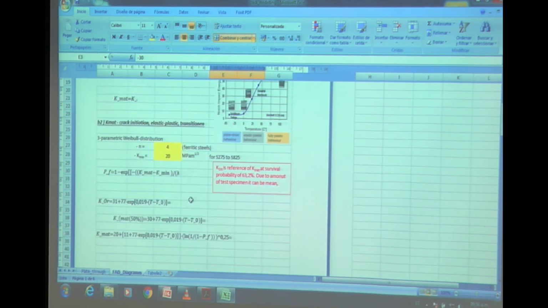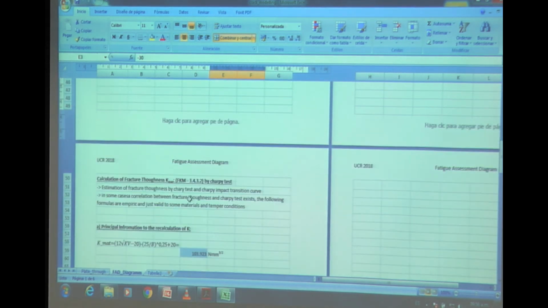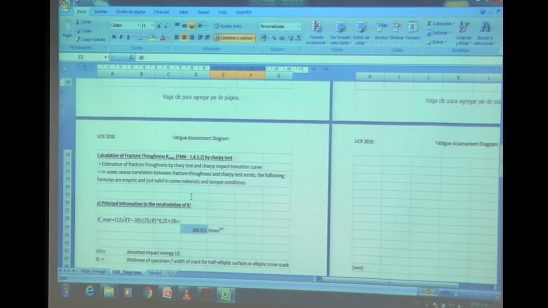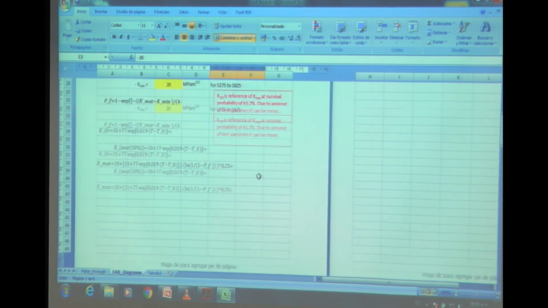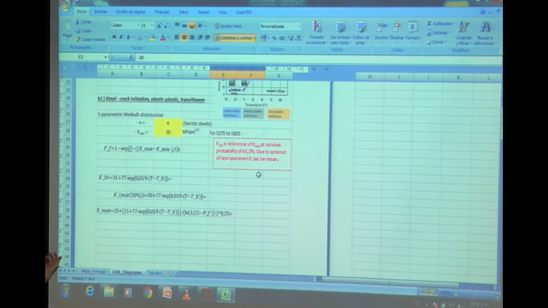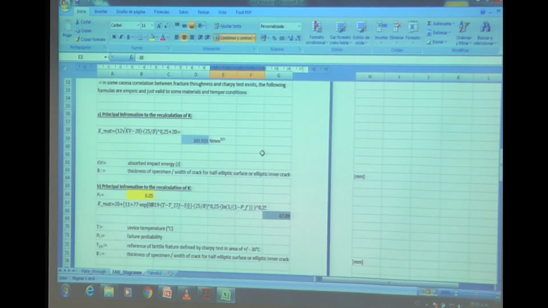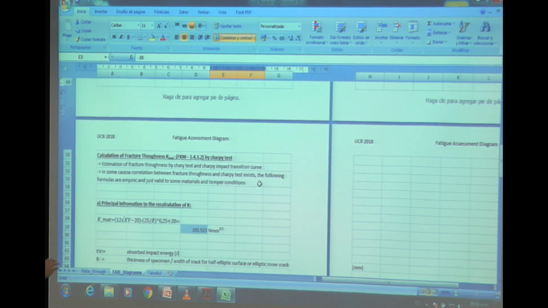And so, for example, you can go there and do the calculations of the K-mat due to some fracture toughness test, which I'm going to show at the end. And the other one would be for some specific materials, some mild steel, which are widely used.